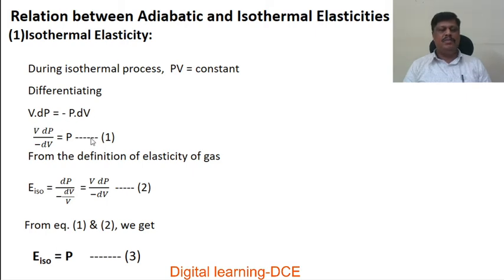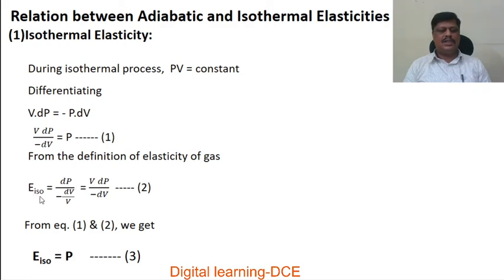From the definition of elasticity of a gas, the elasticity of the isothermal process is equal to dP over minus dV by V, that is equal to V dP over minus dV. What is this isothermal elasticity?